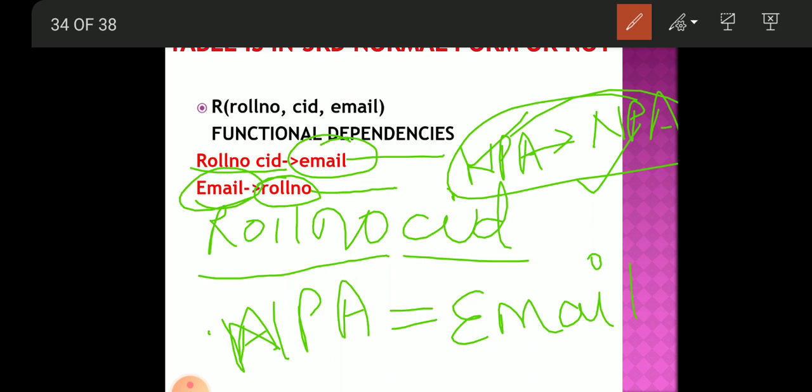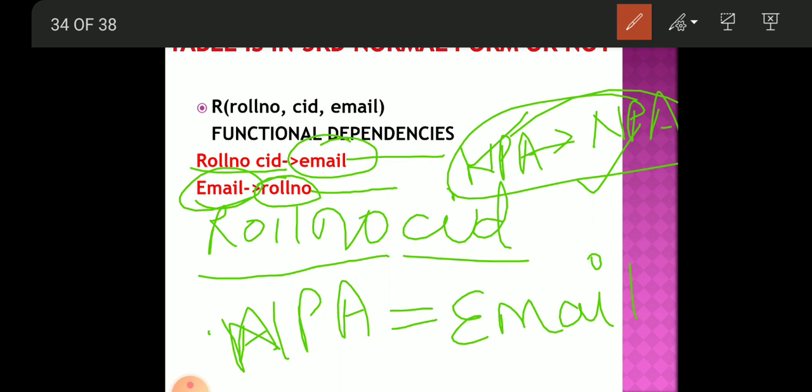You can also check for partial dependency if you want. There should be no partial dependency either. Partial dependency means a non-prime attribute is dependent on a part of the candidate key.